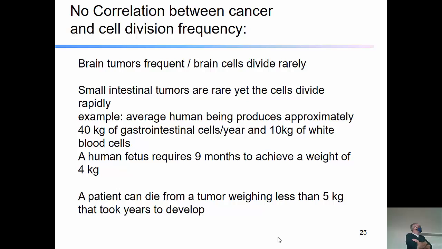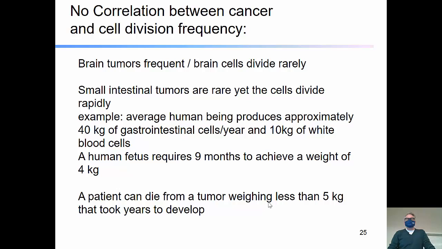And so, as we see here, something like 40 kilograms per year of gastrointestinal cells are produced. Brain cells almost never divide, almost never replicate, and yet brain tumors are reasonably frequent. Okay? And so, oddly enough, there's no correlation there between the rates of replication and frequency of cancer.